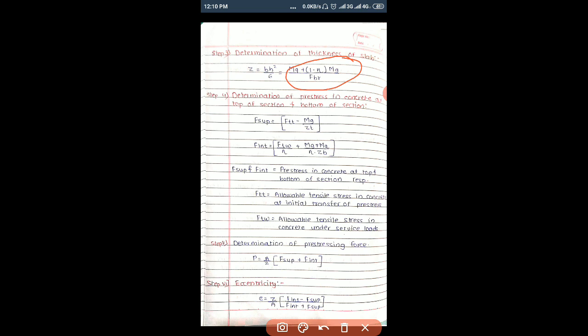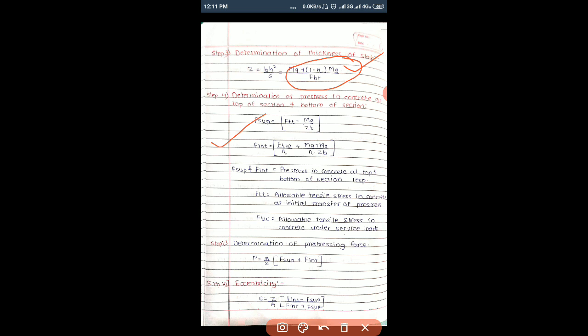By using this formula we'll arrive at the accurate value. It is MQ plus 1 minus loss ratio into MG divided by FBR. So this is the formula for determination of thickness of slab. Then determination of prestress in concrete at top of the section and bottom of the section.